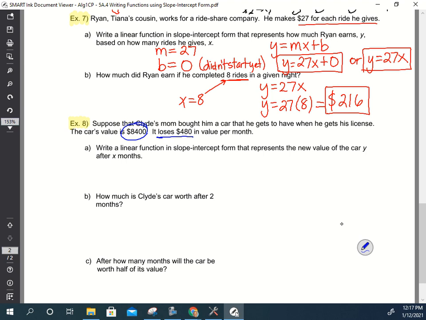So, you're losing $480 per month. So, losing 480 means that your slope is negative 480. Your slope is negative 480 because it's losing $480.